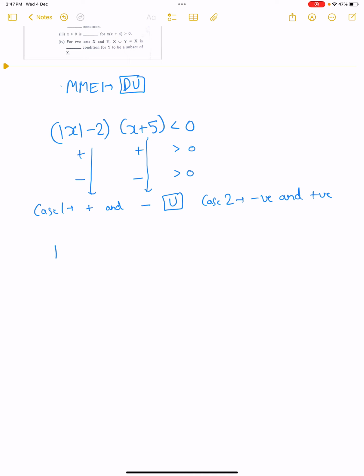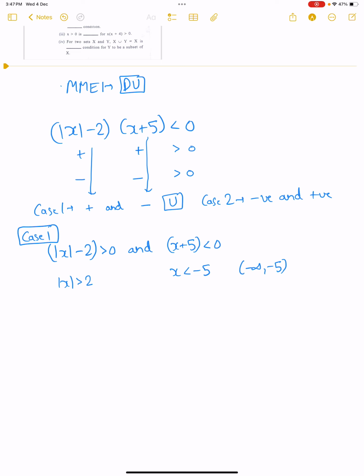Now coming to case 1, mod x minus 2 is greater than 0, and x plus 5 should be less than 0. So this gives us x should be less than minus 5. So the range is minus infinity to minus 5. According to this, mod x should be greater than 2.